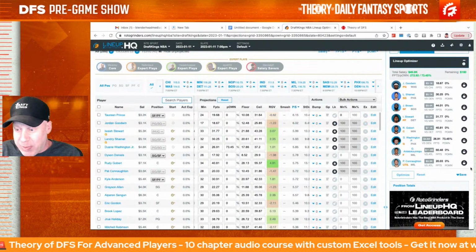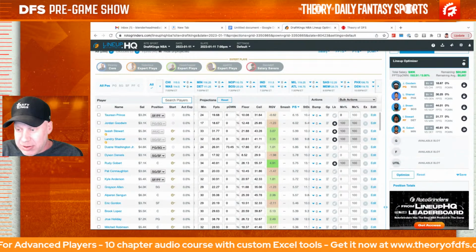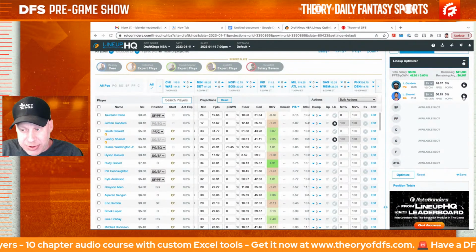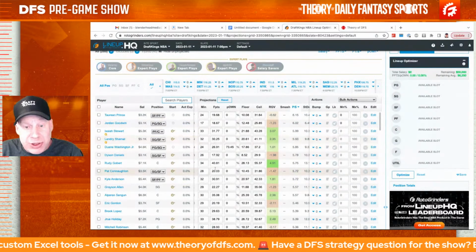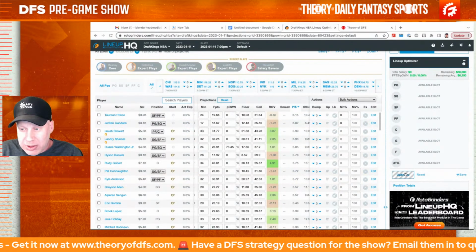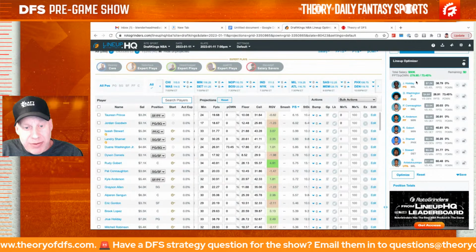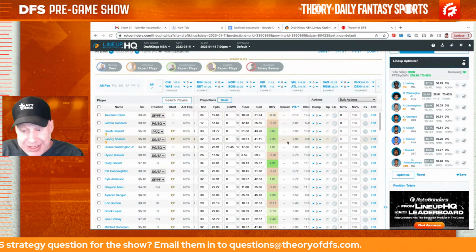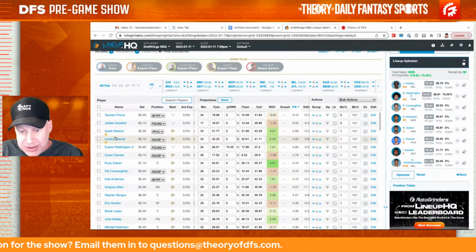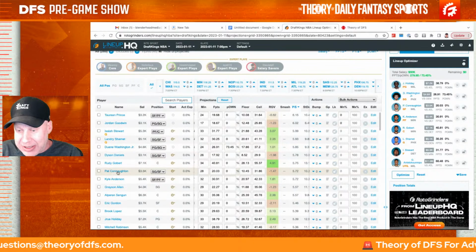Now you see when we built the optimal, which the lineup HQ does for us based on the current projections, and if you change the projections, you can change whatever you want, it solves the knapsack problem. 279.95. We saw, look, it contains Isaiah Stewart, Shamet, Washington, Gobert, Connaughton, Anderson.